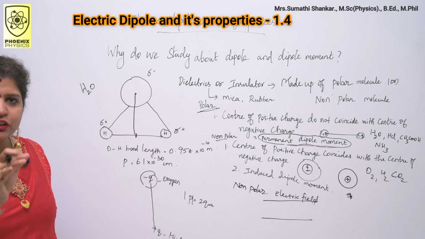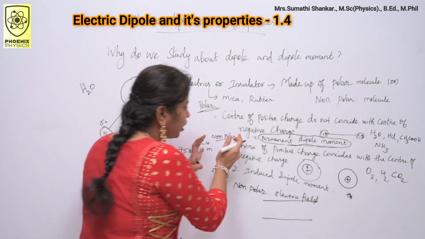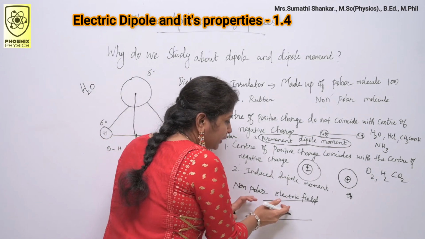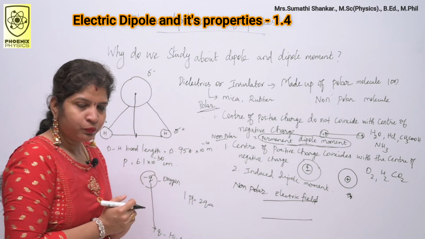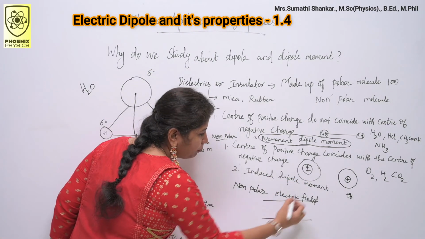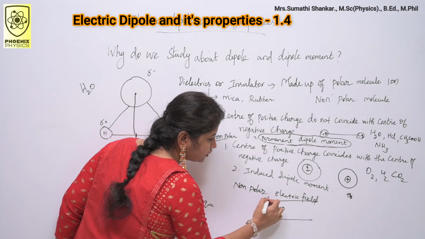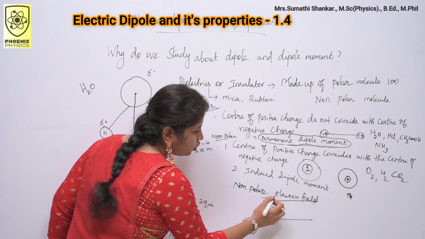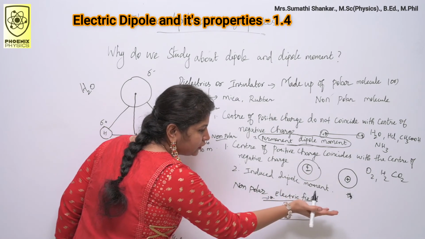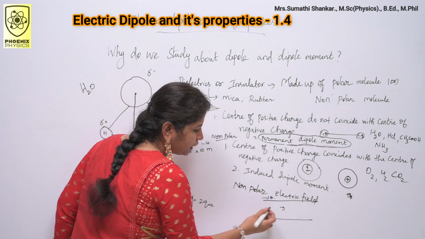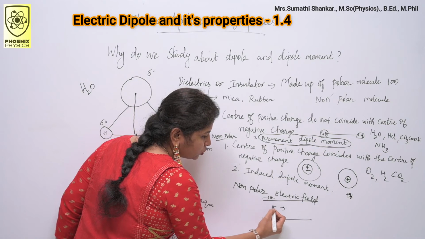So apart from this, if you keep this non-polar molecule in an external electric field, this plus turns into the direction of the electric field. Here this is the direction of the electric field. So this plus turns to the side of the electric field and minus turns to this direction.